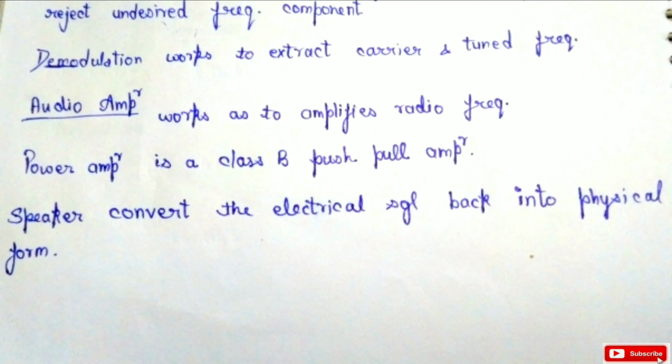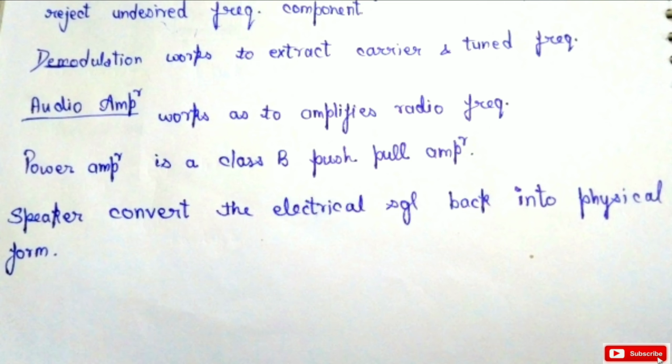Next is demodulation. Demodulation is done by the envelope detector, the technique that we discussed in the demodulation of amplitude modulation, in which we extract the signal from the carrier and the tuned frequency signal. The tuned frequency signal is the frequency that we want to select from the receiver to listen.